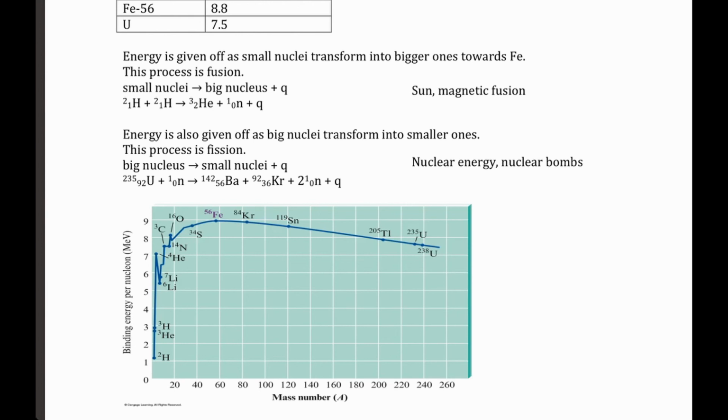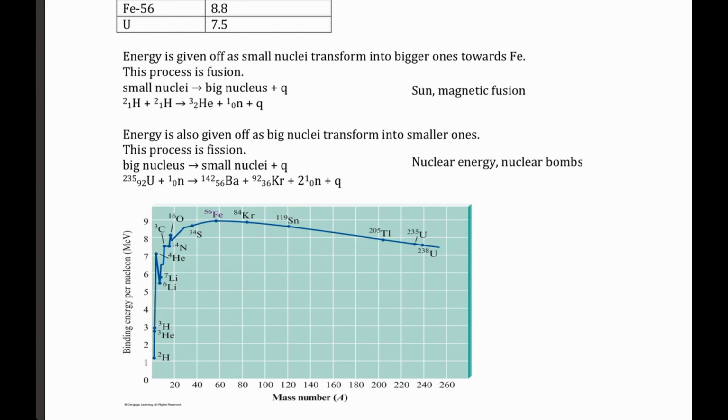Energy is also given off as big nuclei transform into smaller ones, and this process is fission, and this is what's occurring at a nuclear power plant, for example. That's uranium or maybe plutonium breaking down to smaller nuclei, giving off lots of energy, and then we tap into that energy, the nuclear energy.